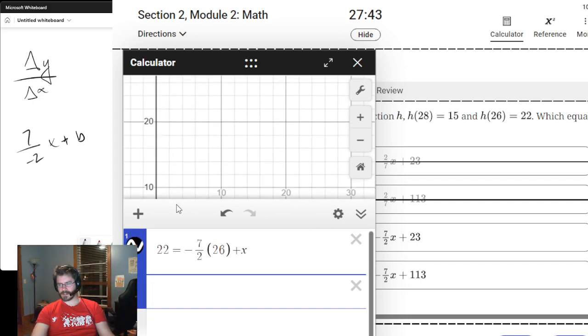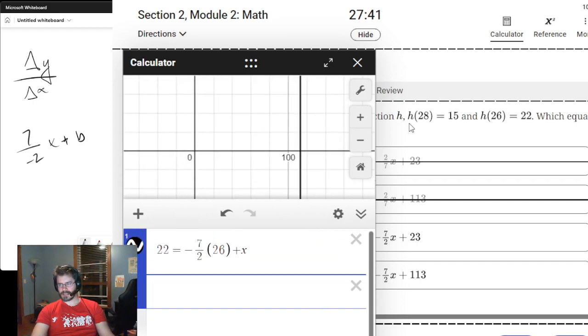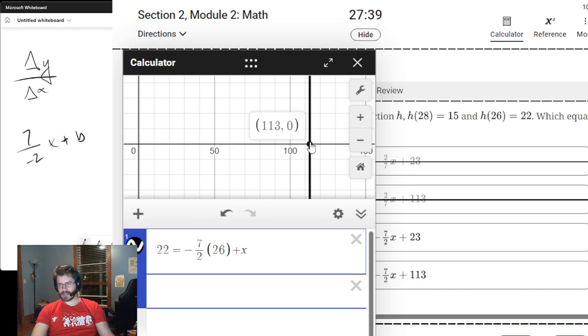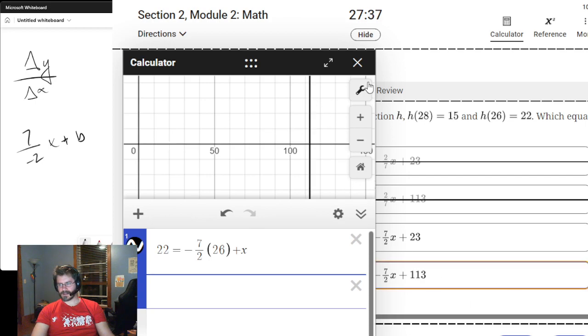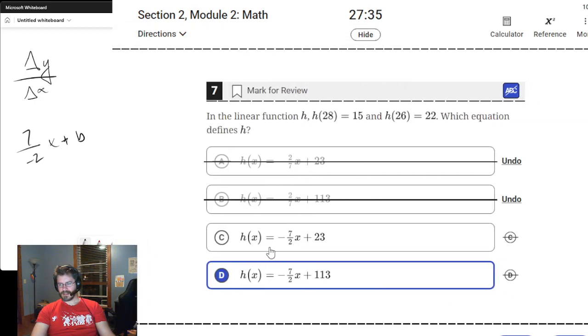Does it solve it for us? There it is. 113. So, yeah. Know how to use your tools. I'm just going to double check, make sure I didn't mess anything up. Change in y, 7. Change in x, negative 2. Yes. Okay.